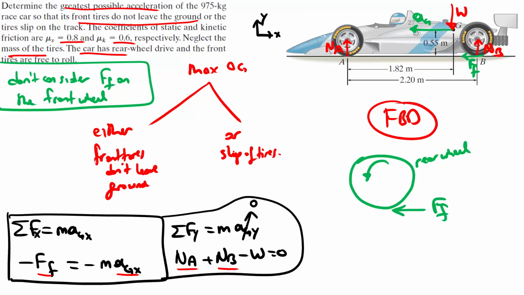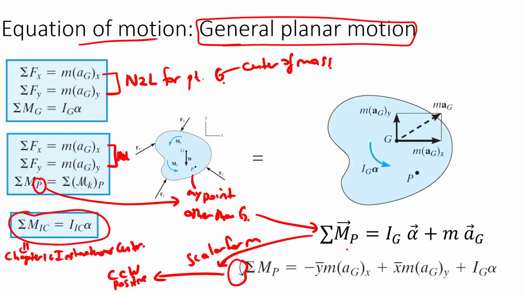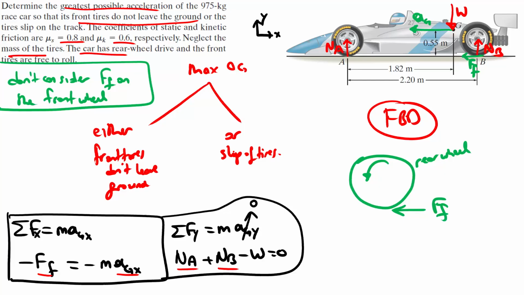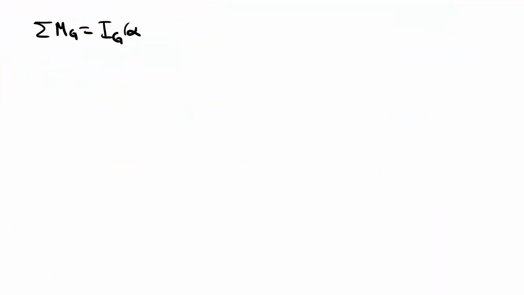Okay, then we have the moment equation about point G, that will be I g into alpha. If you look, the car doesn't rotate, and then the wheels rotate.